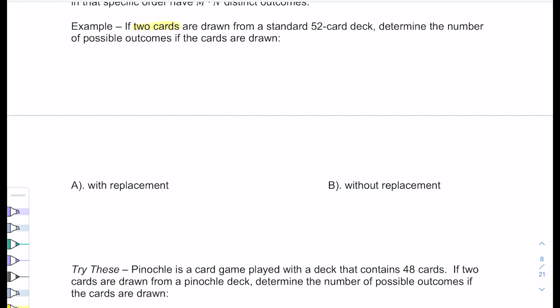Picture you have 52 cards, right? And so I know that I'm starting out with, when I have those 52 cards, there's 52 possibilities. Okay, I take a card and then I put it back. I still have 52 possibilities. So to find the number of possible outcomes, I'm going to take 52 and multiply it by 52.